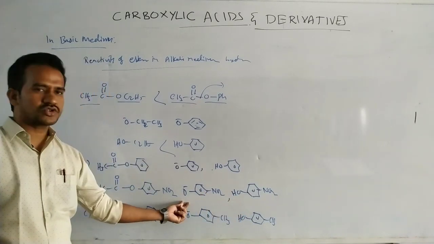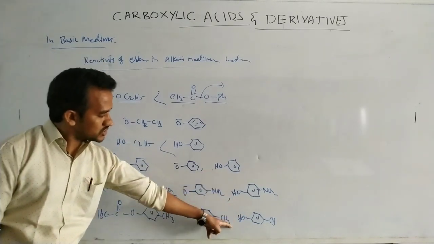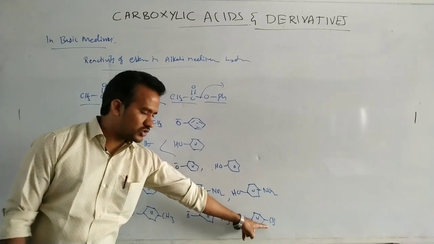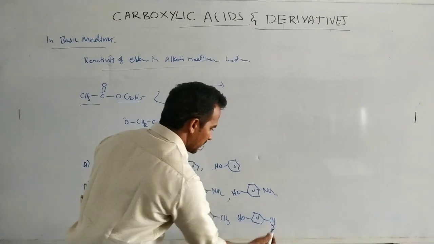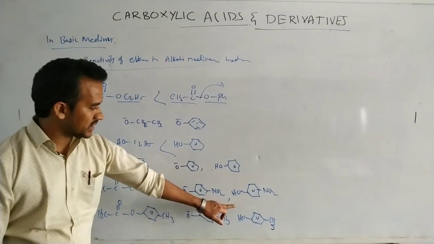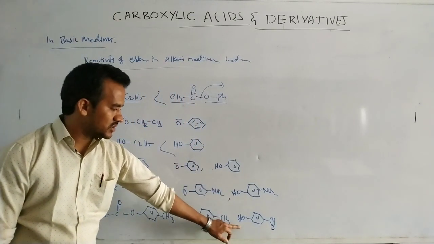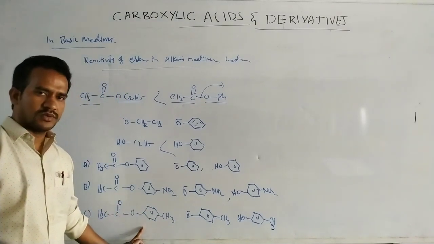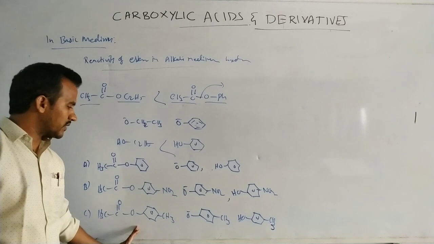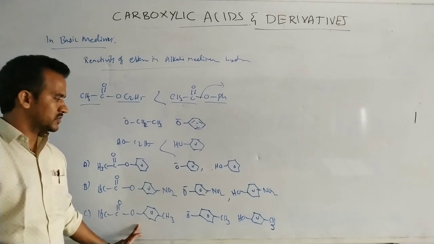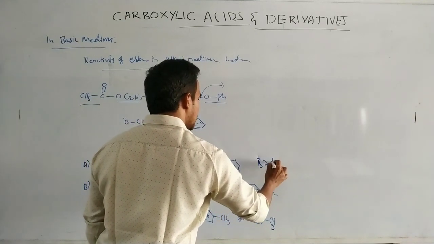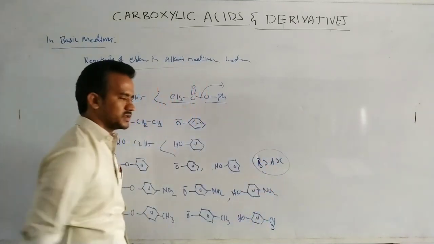Between the other two, phenol is more acidic because the acidic nature is decreased by the donating group, that is methyl. So stronger acid has a weaker conjugate base, while the weaker acid has a strong conjugate base. That's why it is a bad leaving group, and by the presence of a bad leaving group, reactivity is very low. So which is the more reactive compound? B, A, and C. That is the ester hydrolysis.